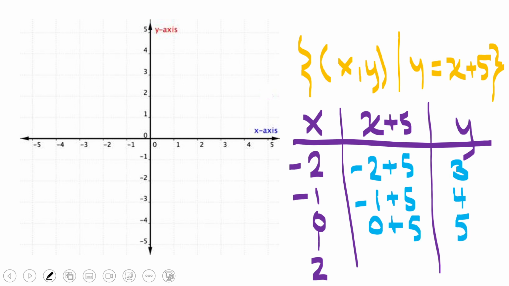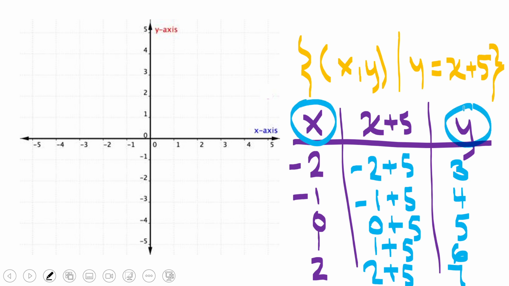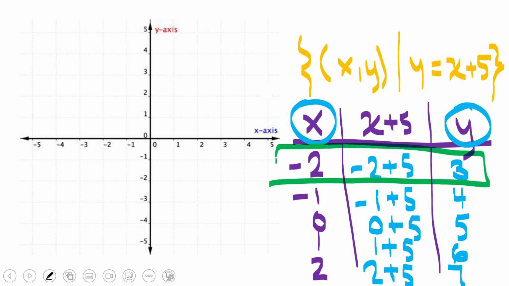A 1 plus 5 is 6. And a 2 plus 5 is 7. We now have an x term and a y term for plotted points to graph from that expression that was originally given. So our first one is -2, 3.